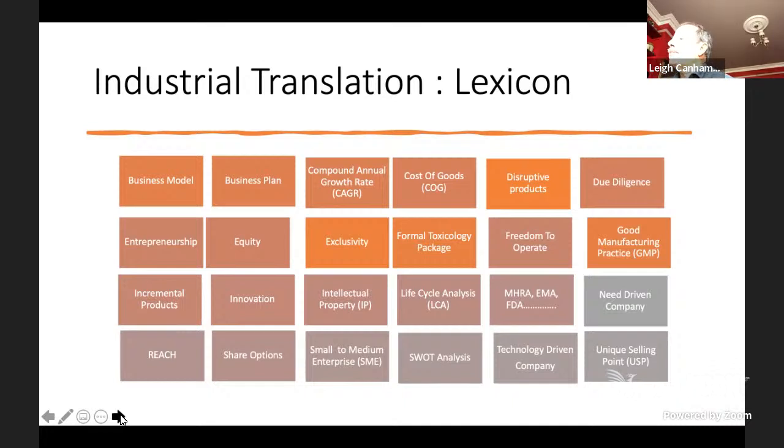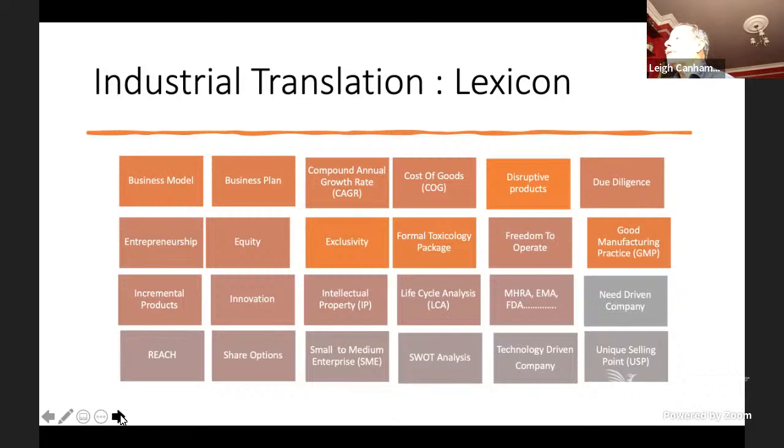And that material may on the surface look very much like research grade material. There's a lot more paperwork behind it, and the material is made under much stricter conditions, and we'll talk about that.